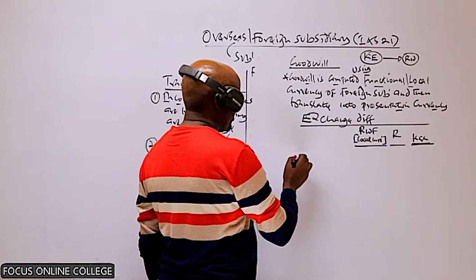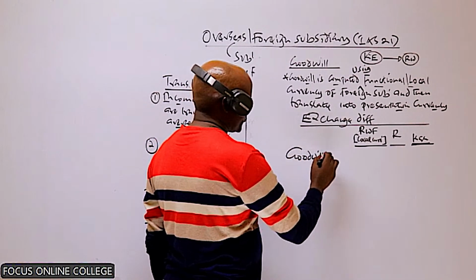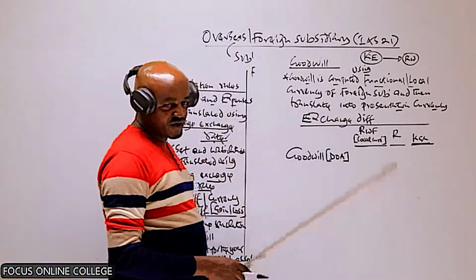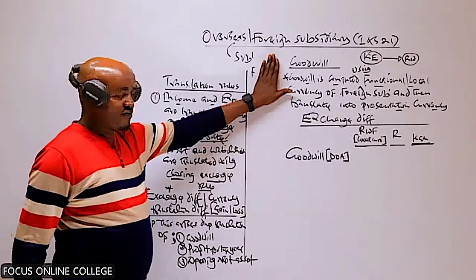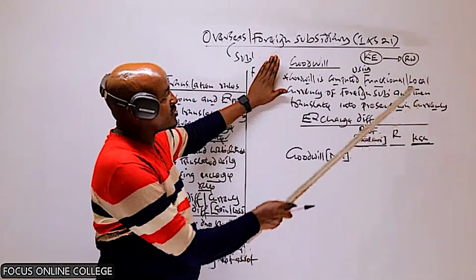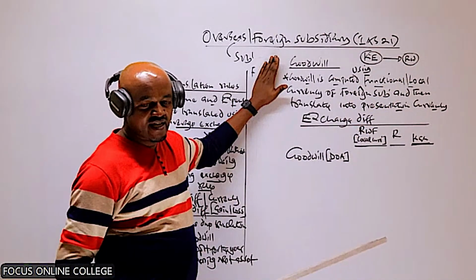So here we always start with the goodwill on acquisition. The goodwill at the date of acquisition, you'll see in all these questions, the foreign subsidiary is always acquired at the start of the current year.